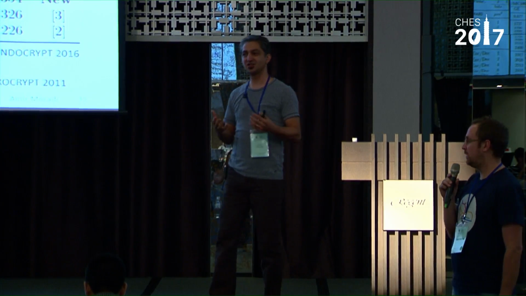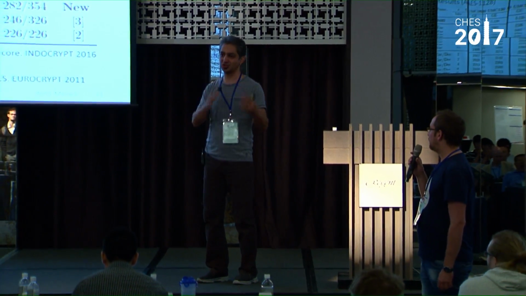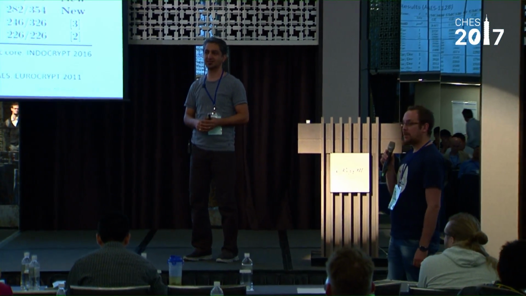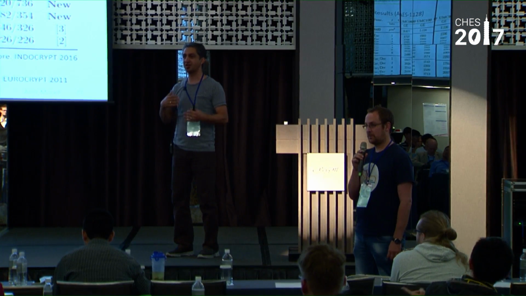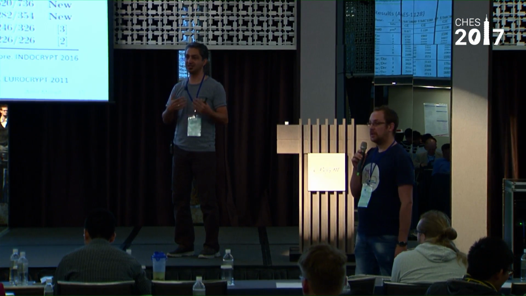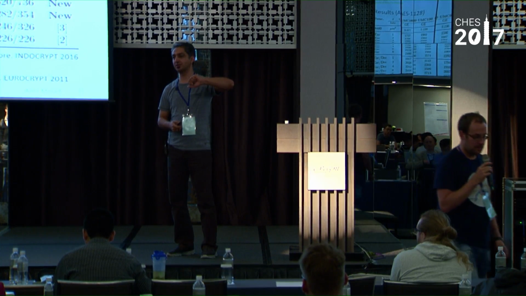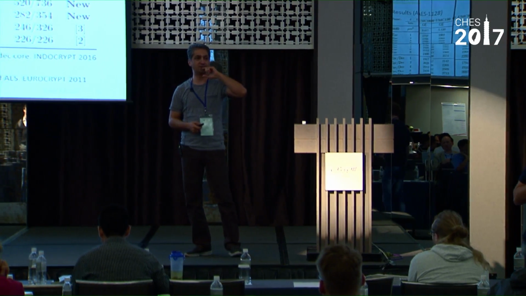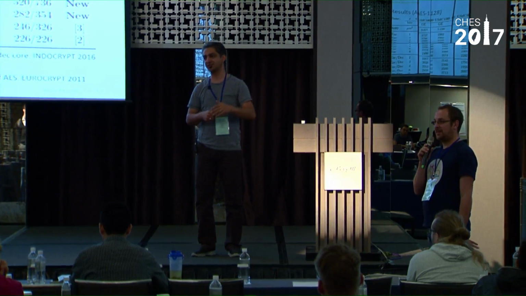Then the gain is not really high if you apply this scheme on a threshold or any other masking scheme on the AES, unless you come up with another architecture of the AES which eases the S-box, which eases the bit serialization. For instance, the slide which is here on the wall, which is a bit-serial architecture of the AES S-box, it might be useful in the case of masking.